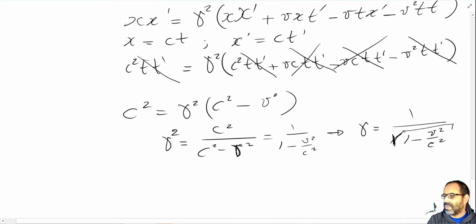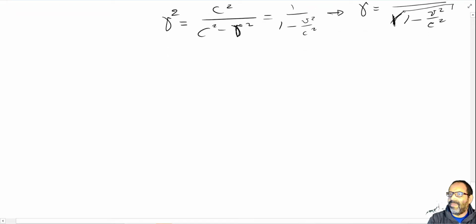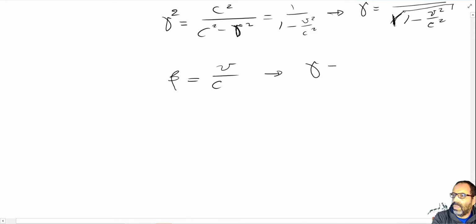Okay, the factor gamma, I'm going to define a quantity in here. I'm going to define beta to be simply the relative velocity of their frames with respect to the speed of light. So that means that in terms of beta, gamma is equal to 1 over the square root of 1 minus beta squared. It's just a convenient way of writing this expression, that's all.